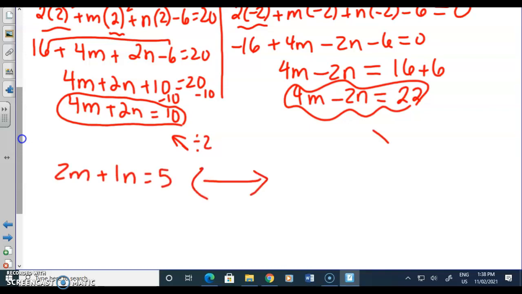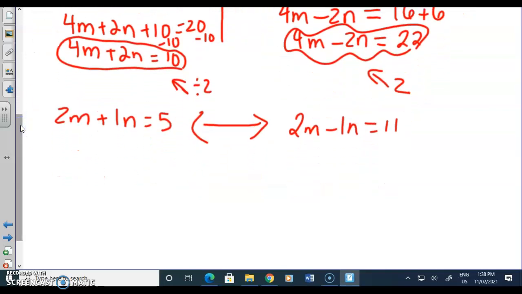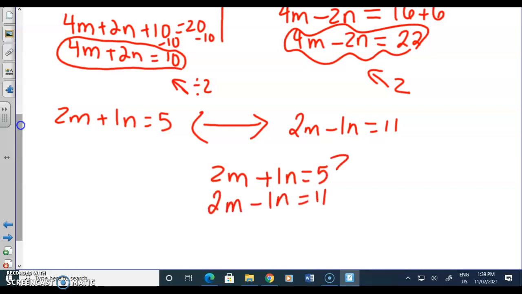If I divide by 2 here as well, it just so happens they're both 2, I get 2m minus 1n equals 11. Just easier to work with, that's all. Now, two equations, two variables. That's great. So I'm going to put one on the top, put the other one below it, and I'm going to solve this system like we did in class last week.